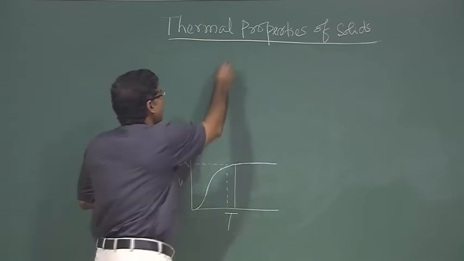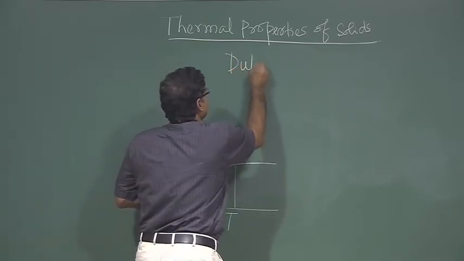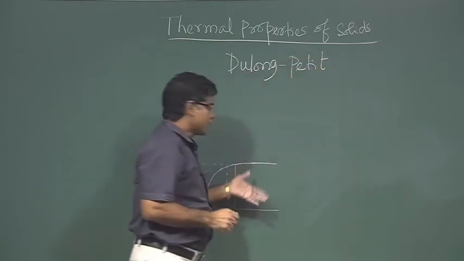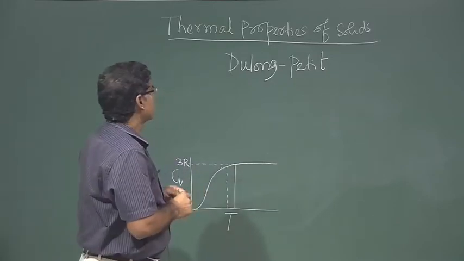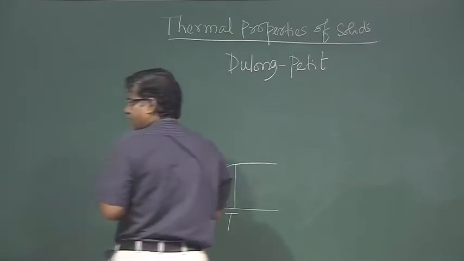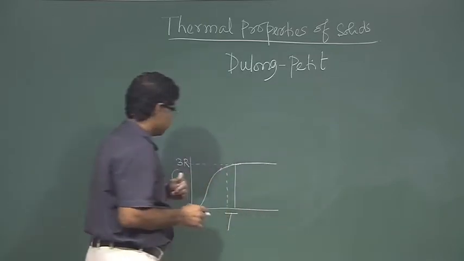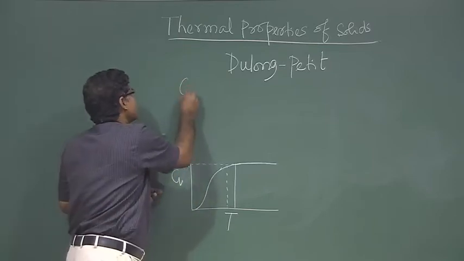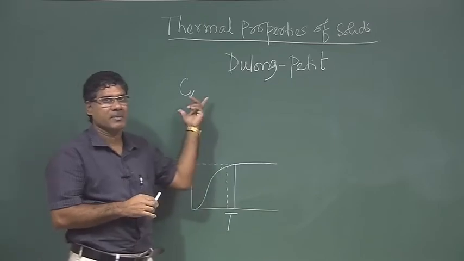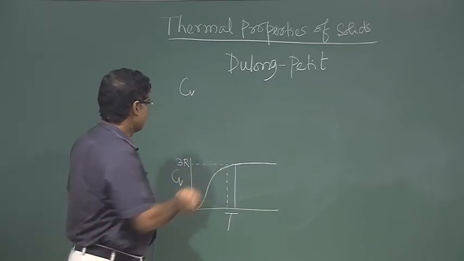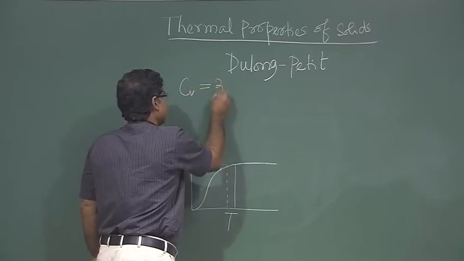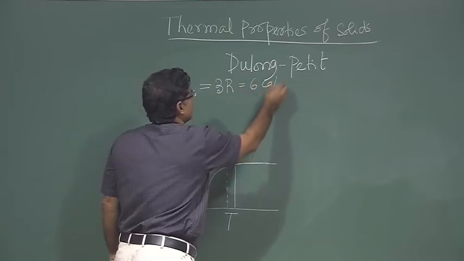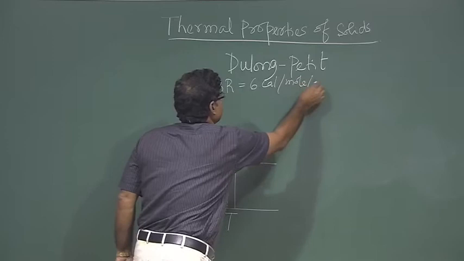First, Dulong and Petit tried to explain it. They found that the specific heat is constant, independent of temperature, and they found this Cv value is 3R, approximately 6 calories per mole per degree.